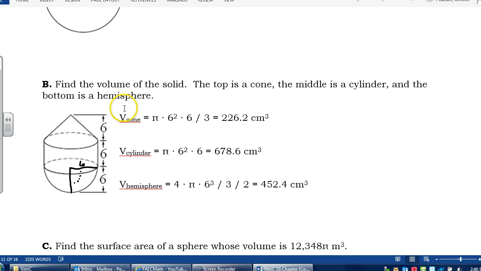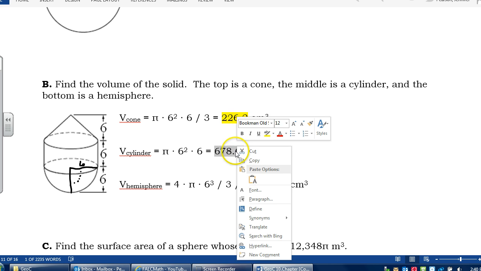So the question is to find the volume of this entire solid. I'm going to add these three answers together.